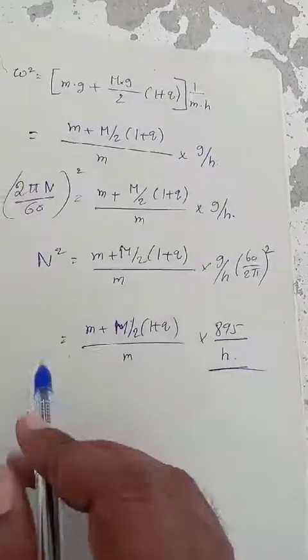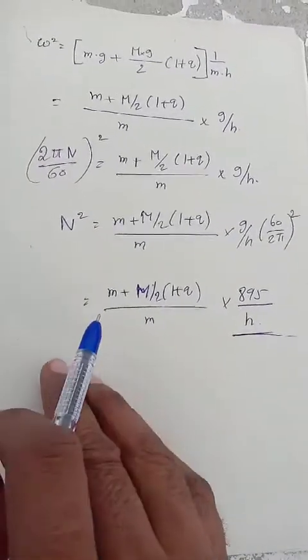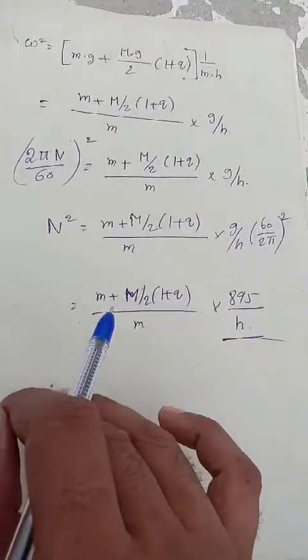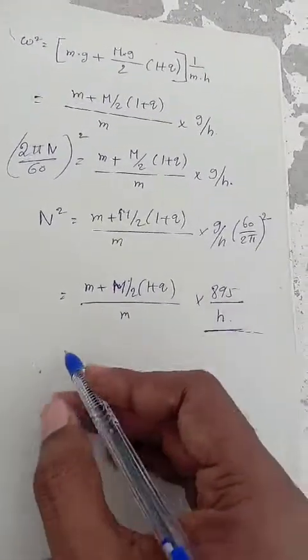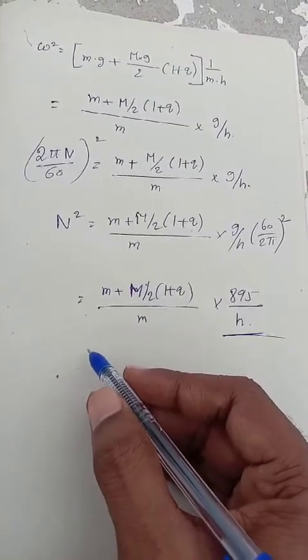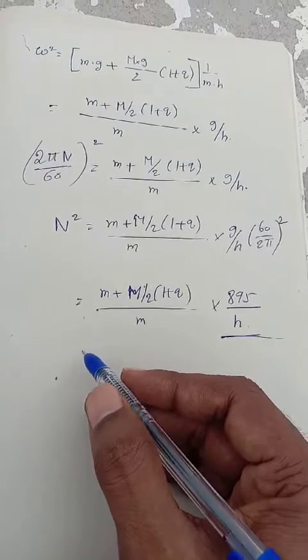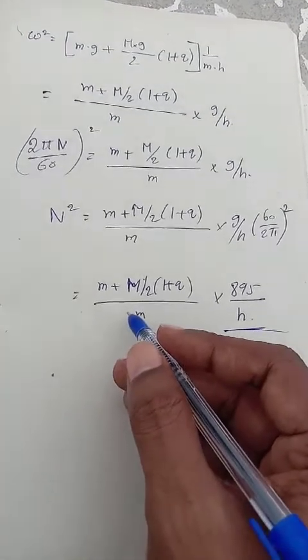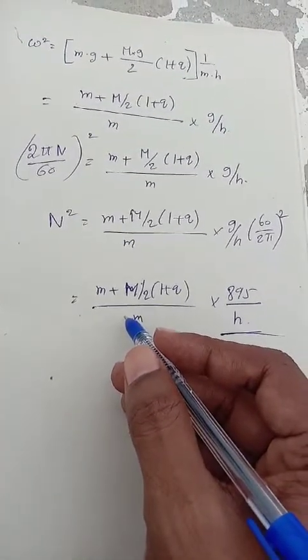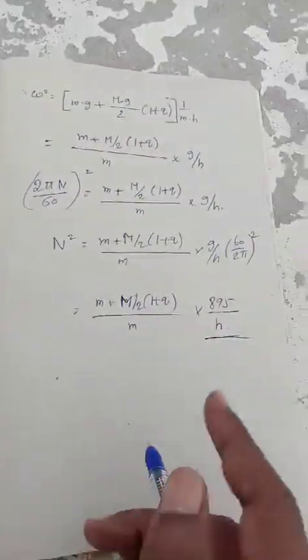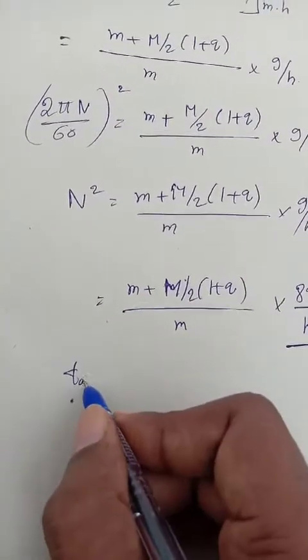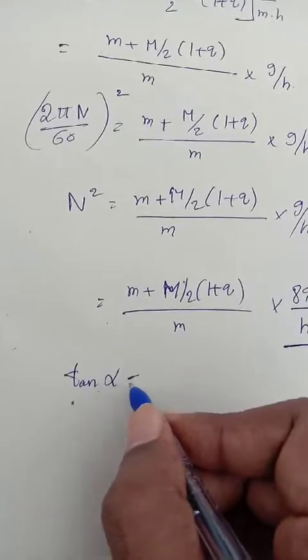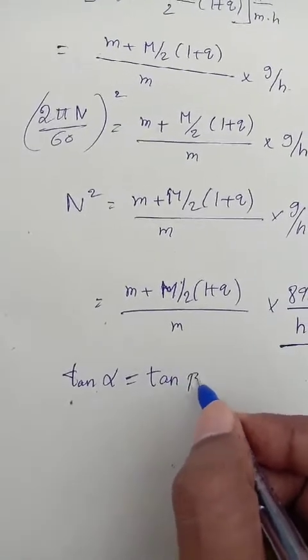Okay, so this is the procedure to solve. Now here we have to remember the point: when the length of arms are equal to the length of links and the points P and D lie on the same vertical line, then tan alpha is equal to tan beta.